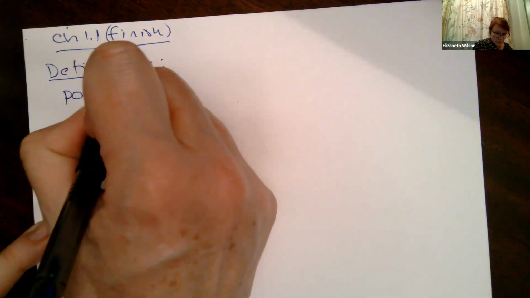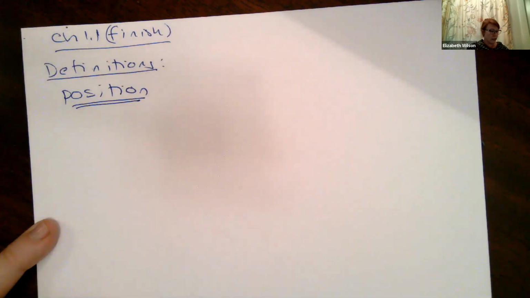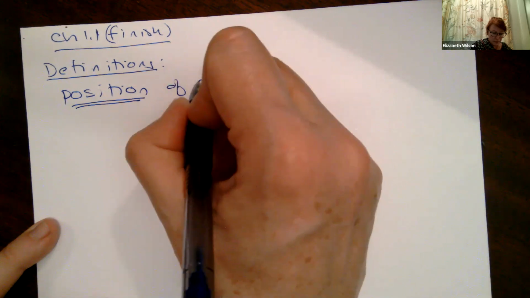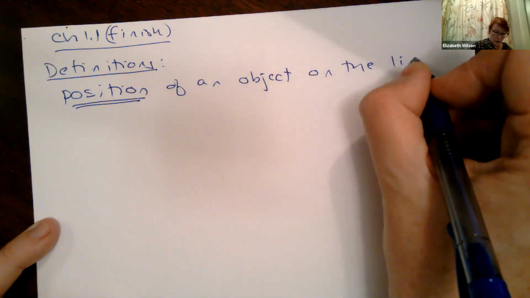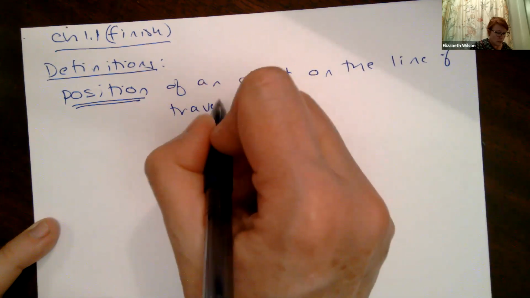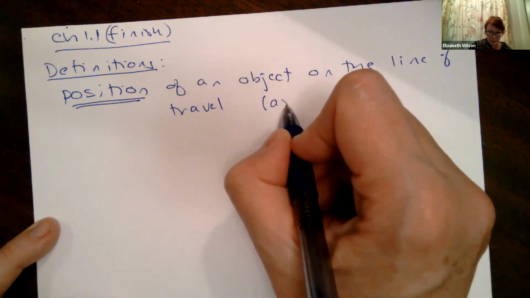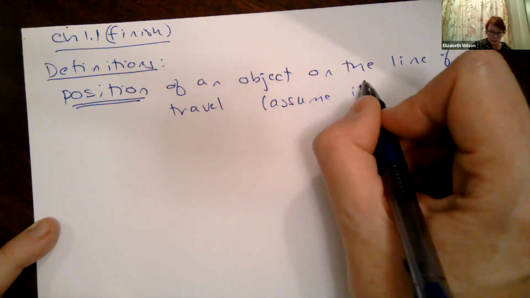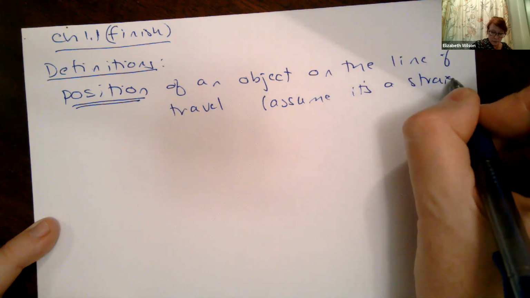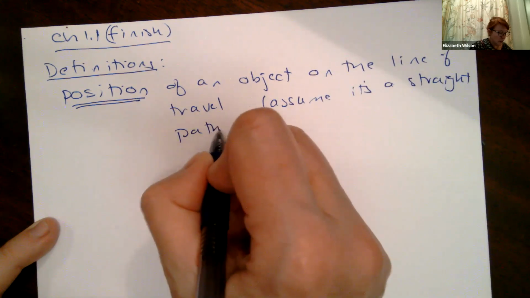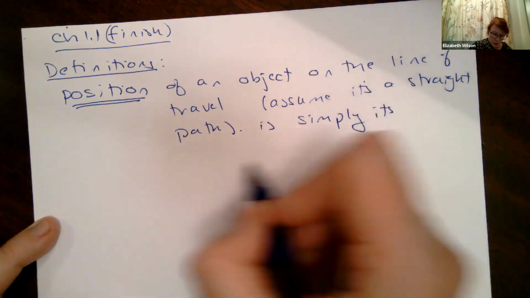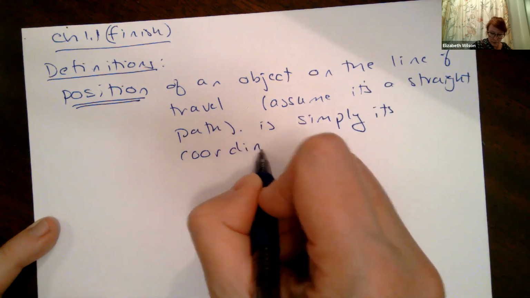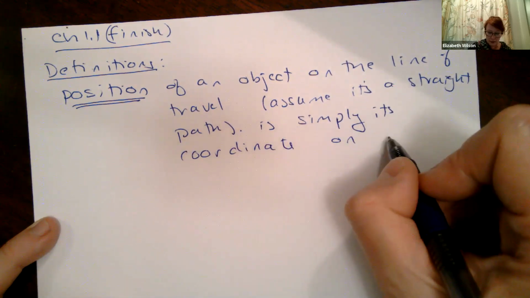Okay, so the first thing I'm going to define is what we think of as position, right? So the position of an object on the line of travel, and we're going to assume it's a straight path, is simply its coordinate on some axis that we make, right?